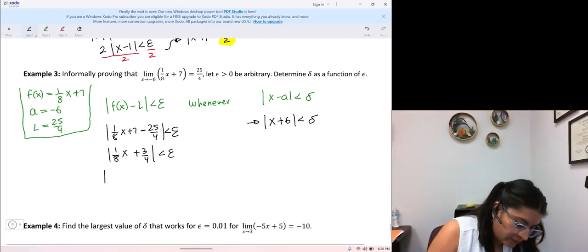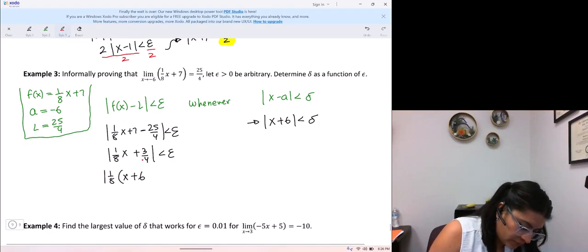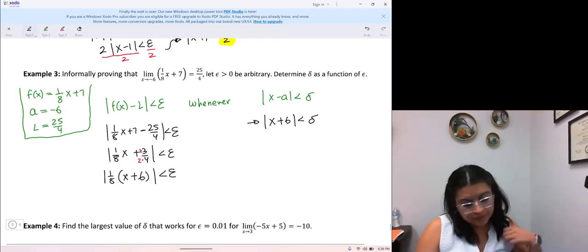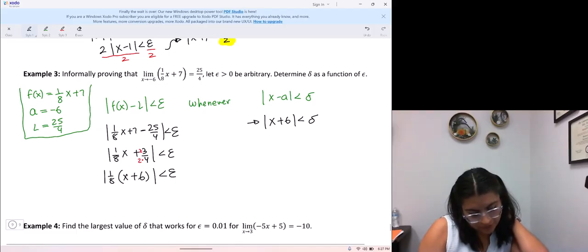Because again, the goal is to make it look like this one, let's factor out a 1 over 8. When we do that, we get x plus 6, because if you want to make it an 8 on the bottom, you multiply top and bottom by 2. So you factor out a 1 over 8 and you're left with a 6. Then you separate what's inside the absolute value, but the absolute value of 1 over 8 is just 1 over 8.